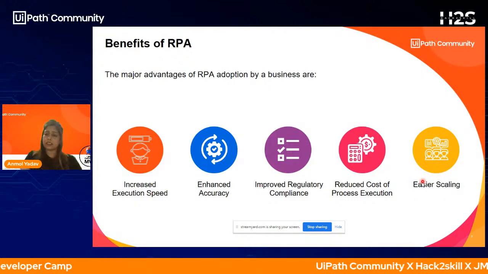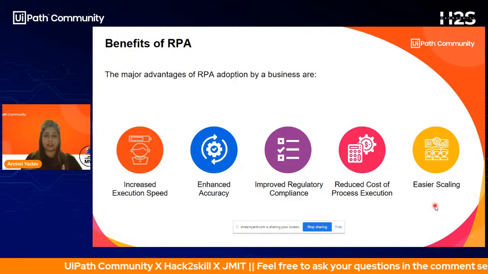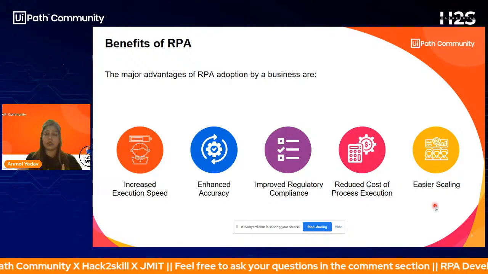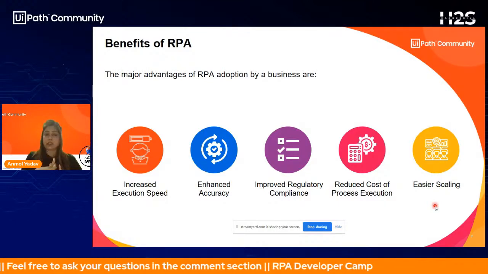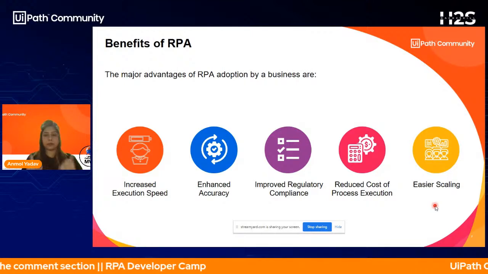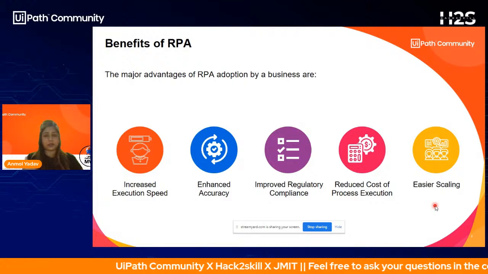Then easier scaling. Suppose that a process today is being done by one robot. If we want to scale it, now instead of 10,000 rows, we have got 100,000 rows. So when one robot is doing the job, we can also make three robots do that job, so that the job is done much faster, which is easier scaling. We can scale the number of robots doing that particular job, and it does not require a lot of infrastructure changes, as I told you.